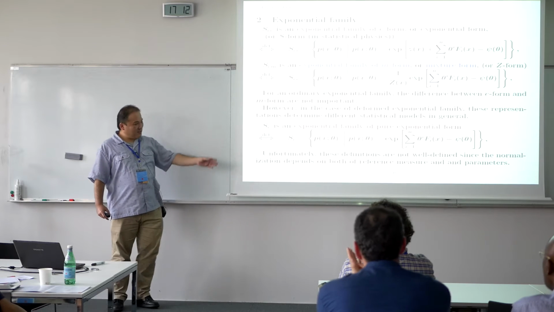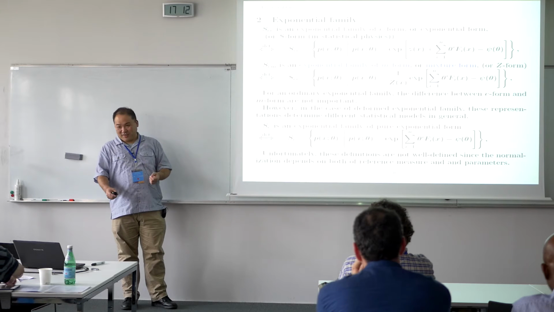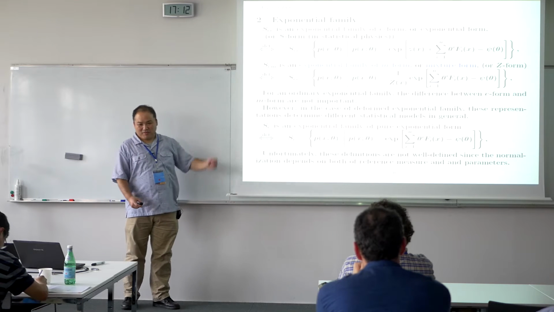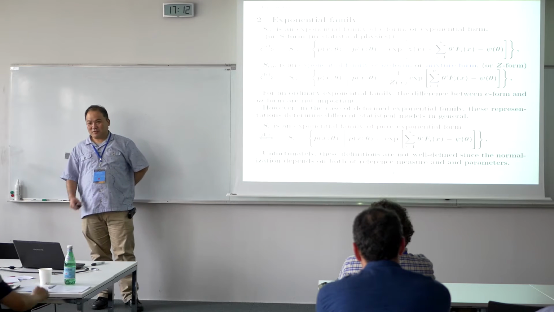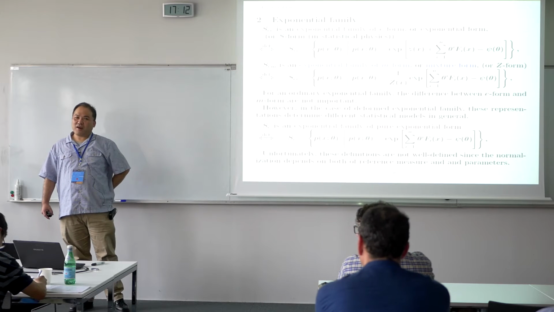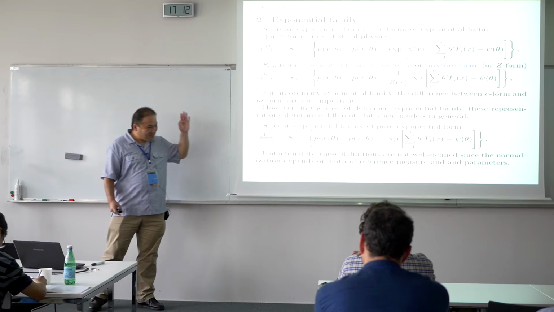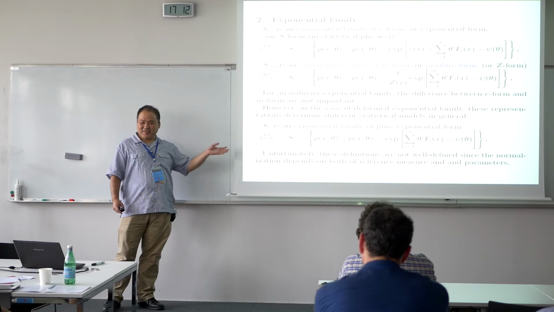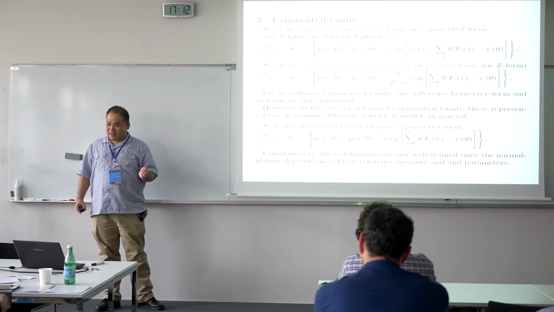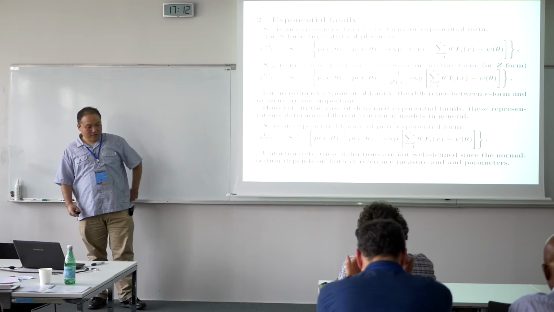In this talk, we usually consider R, but it depends on the formulation. Anyway, the reference measure is the Lebesgue measure. Of course, it depends on the assumption. In this talk, we usually consider the Lebesgue measure, but we can choose another measure.